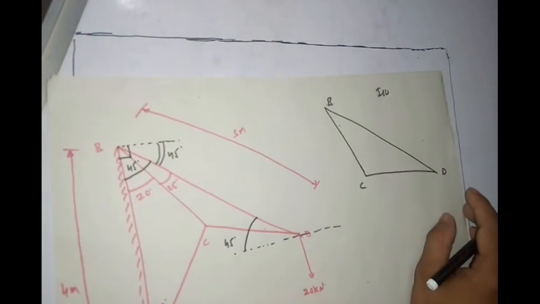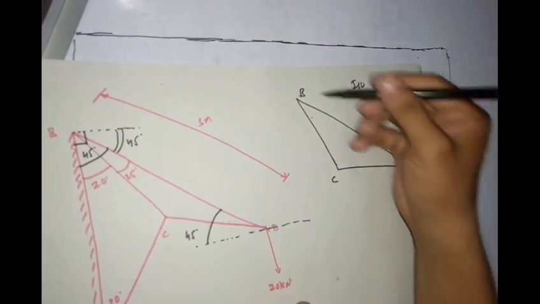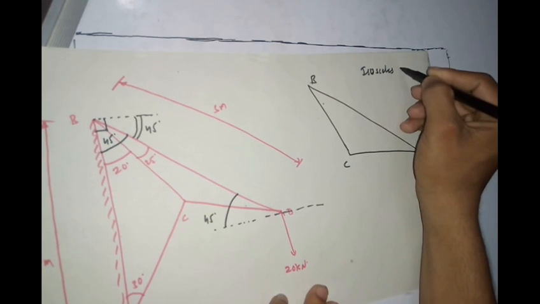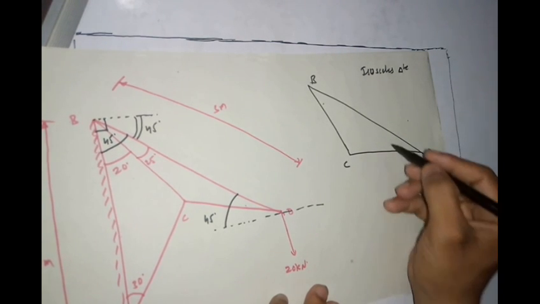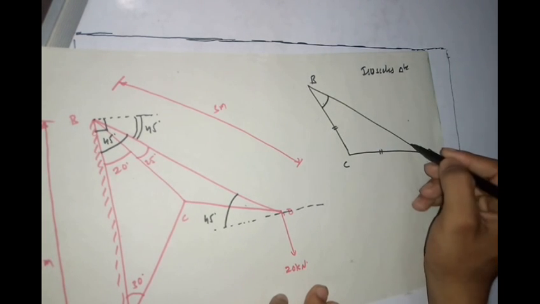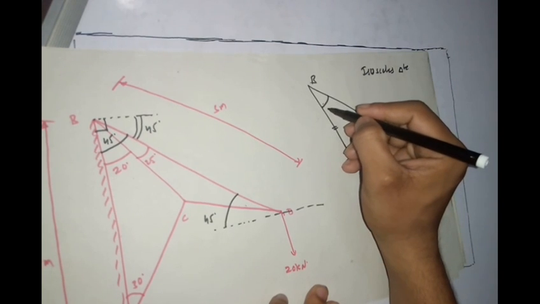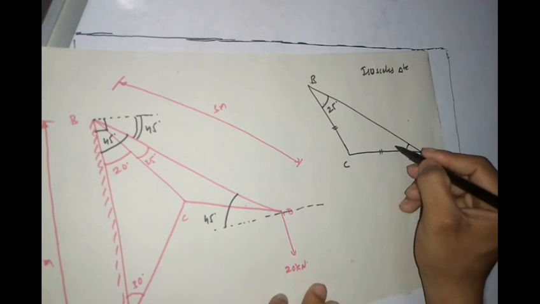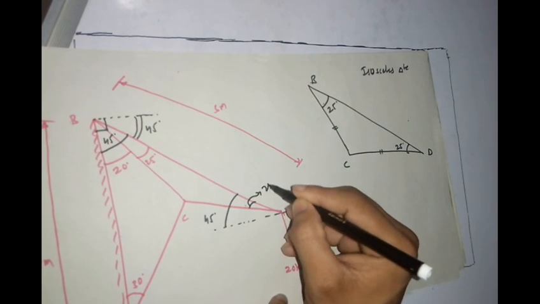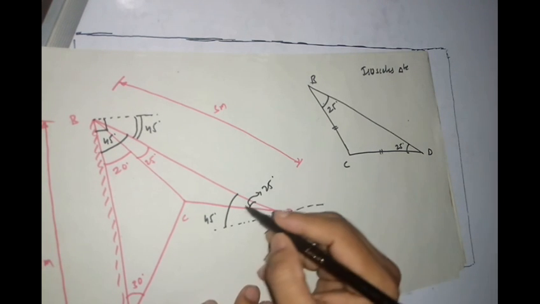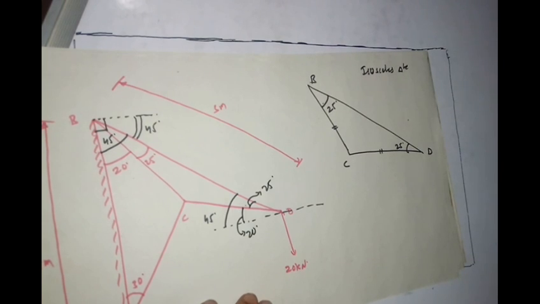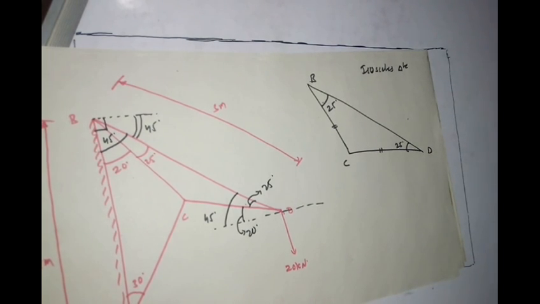In an isosceles triangle, two sides are equal and two angles are equal. So here the given angle is 25 degree, so here it will be 25 degree. When it is 25, this becomes 20 degree. Like this we have found the angles.